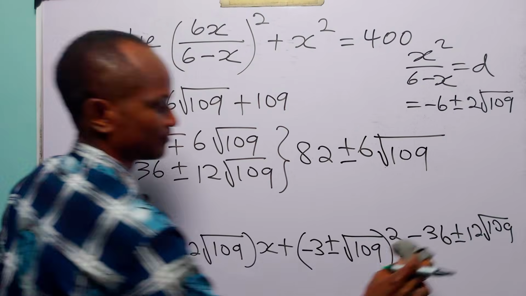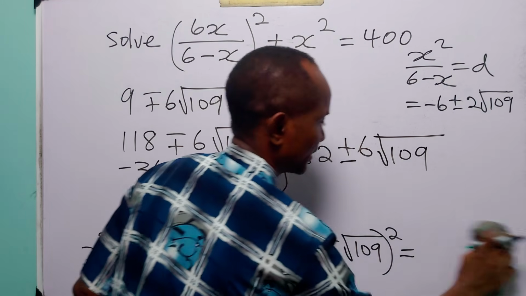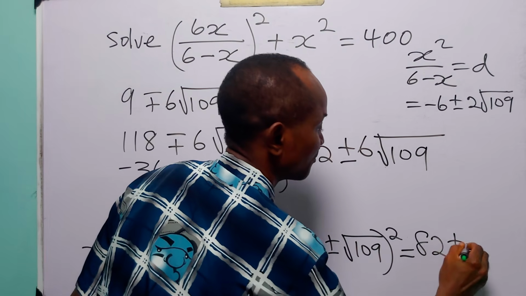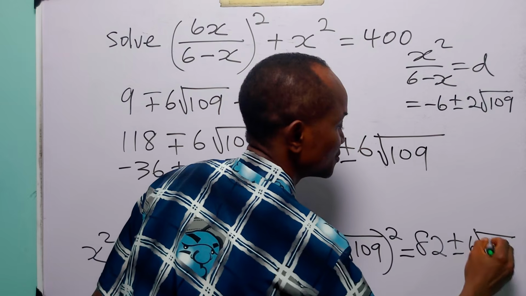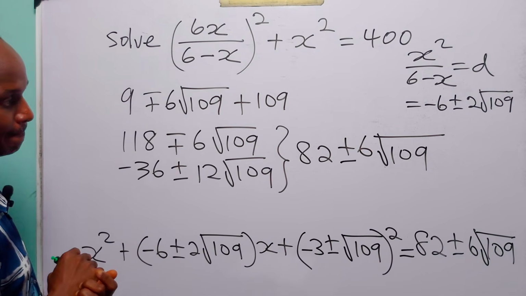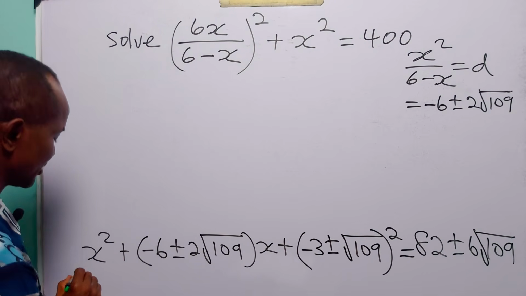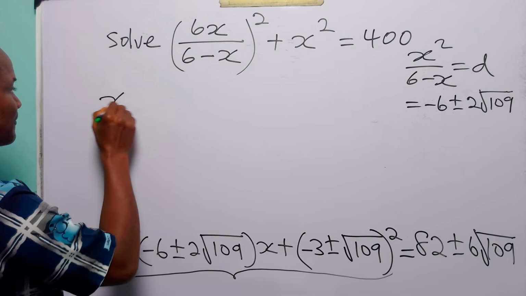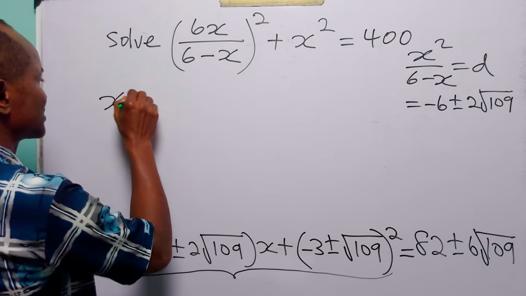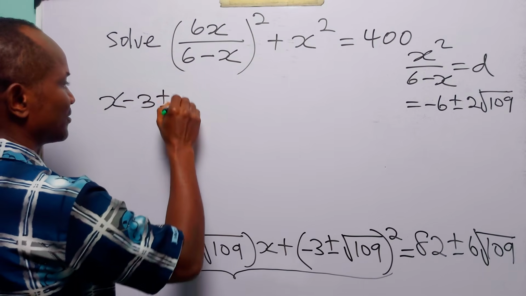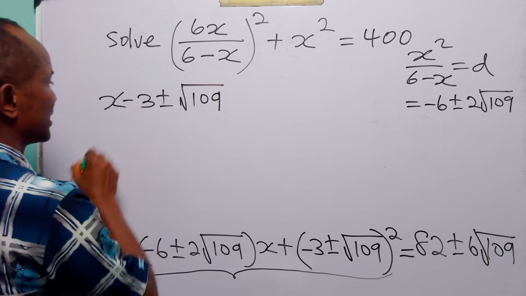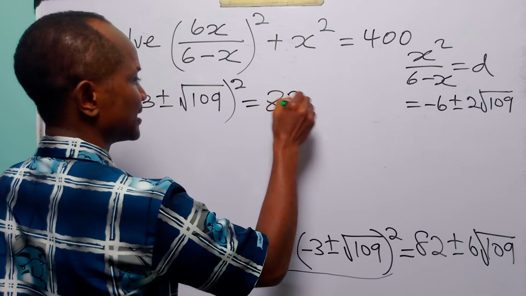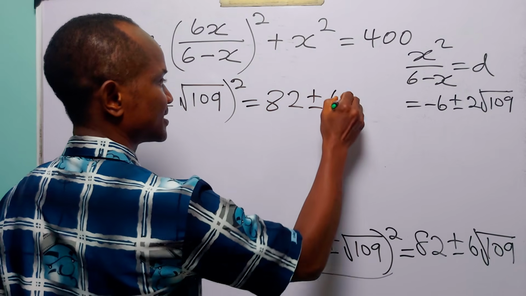So on the right hand side of this equation, we have 82 plus or minus 6 root 109. And of course, on the left hand side, you know that this is a perfect square. So we take 1x and we take 1 minus 3 plus or minus root 109 and we square. And of course, this is equal to 82 plus or minus 6 root 109.